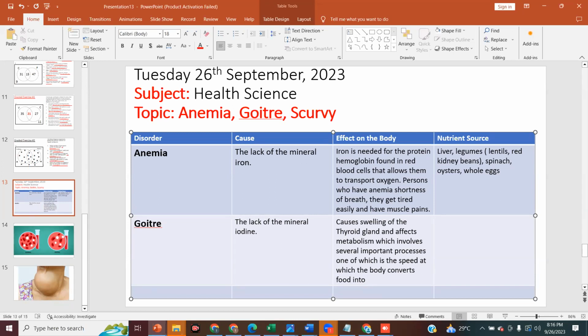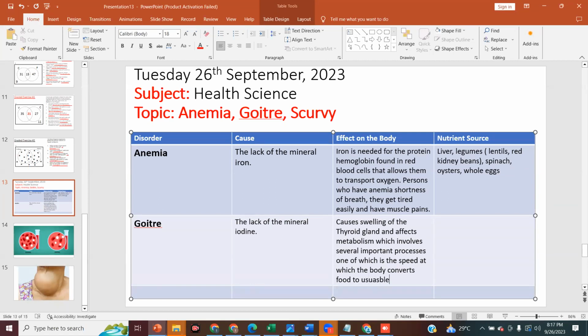Once you get your iodine, once you do it the right way, it'll go down gradually. Can you swallow? Yes, you can still swallow, you can still talk and everything.